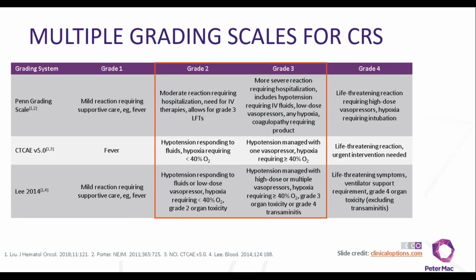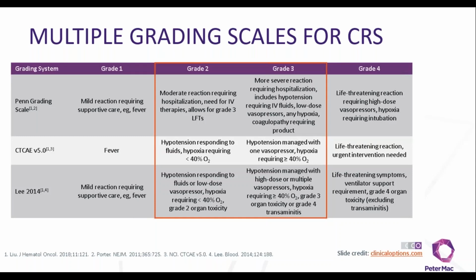Okay, I made note of this before. See, on the left-hand side, don't worry about all of the letters in there. So you've got a Penn grading scale, you've got a CTCAE scale, and you've got a Lee 2014, and there's slight variance in how they define what grade 1 CRS is or grade 2, etc. You don't need to know the ins and outs of it. This is just to acknowledge that there's lots of different grading scales.